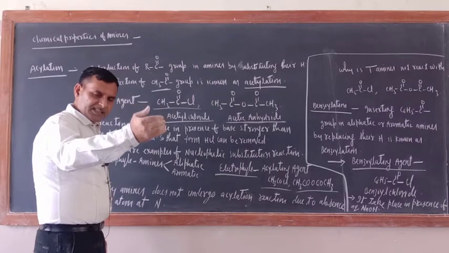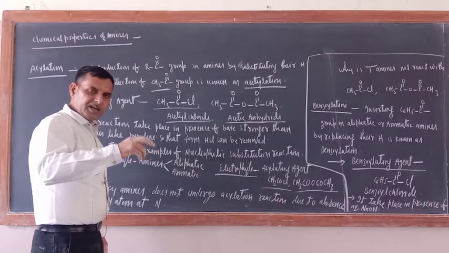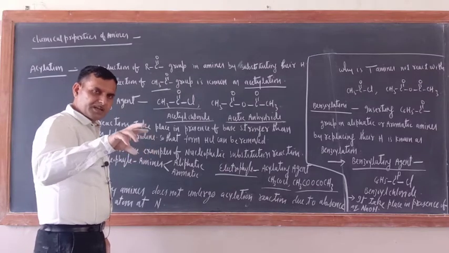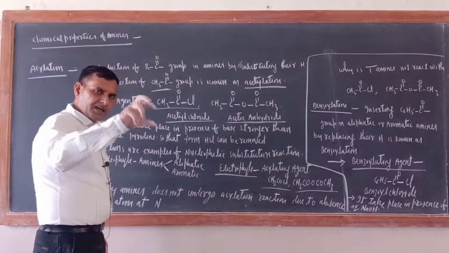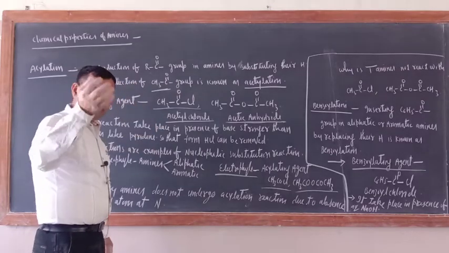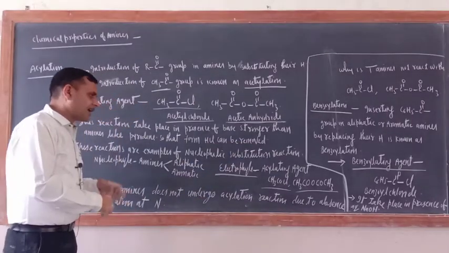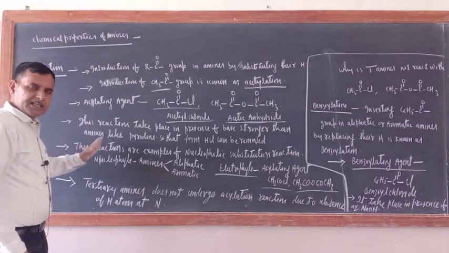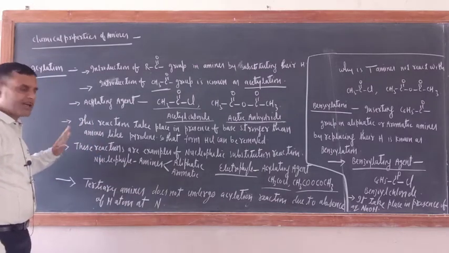So on the product side HCl will form, and HCl is the acid. So when this reaction takes place in presence of a base like pyridine, pyridine will react with HCl and remove it from the product side, hence equilibrium will be shifted in the forward direction. That is why the reaction must take place in presence of a base like pyridine.